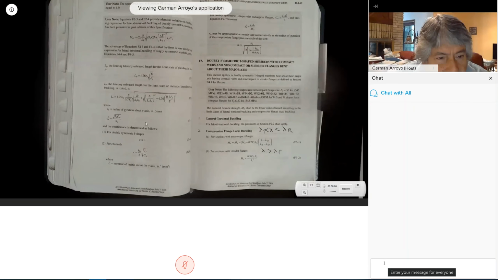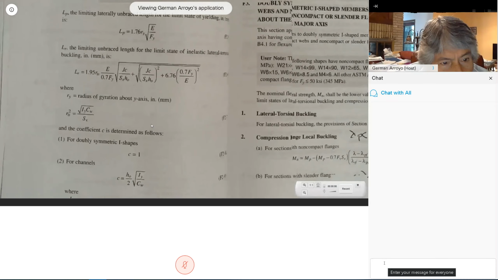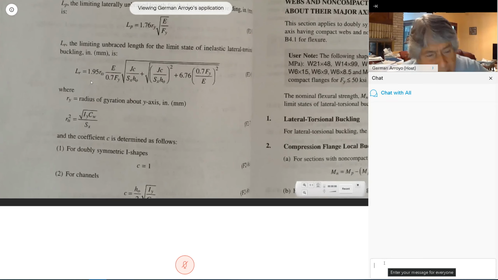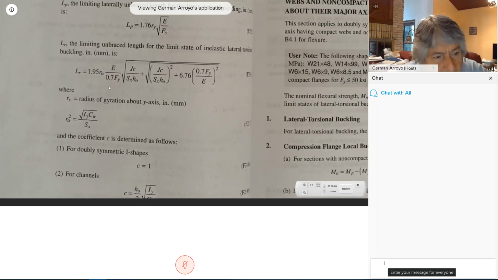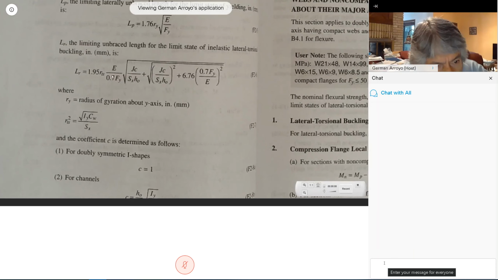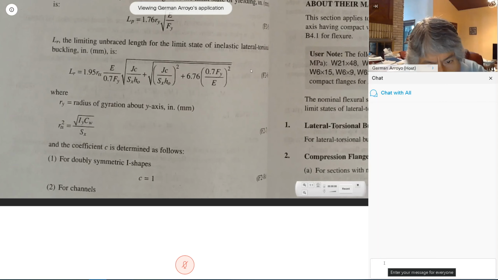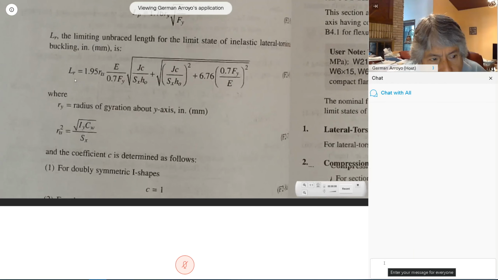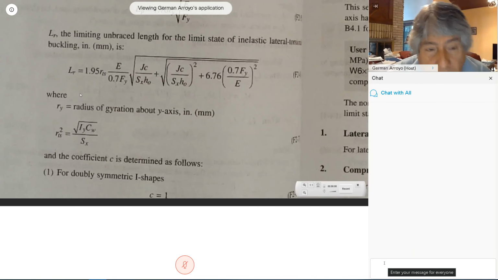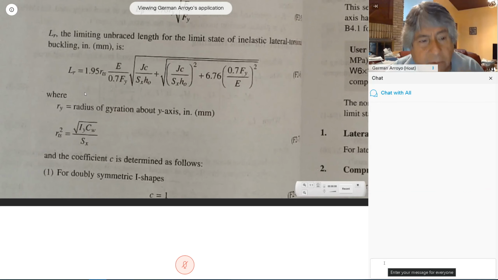And the value of L sub r is more complicated, more difficult. But again, you need to divide this by 12. All of these values are given in the code, but this number for standard sections has already been computed for you. If you have a non-standard, built-up section like in the exam, you need to divide this by 12.